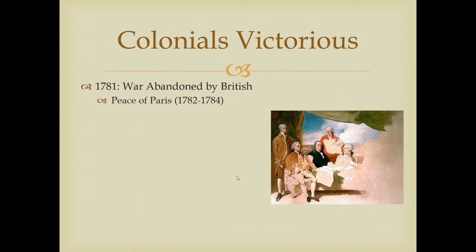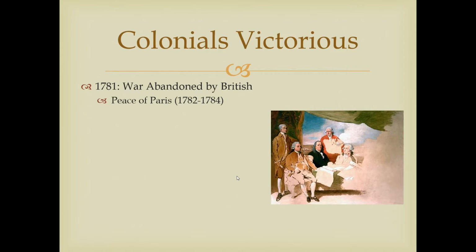And this is one of my favorite paintings here, because this is the signing of the peace, and the British diplomats did not want to stick around to sit for the painting, and so this is an incomplete painting, as only the American diplomats were there signing the peace treaties, and the British were just not there.